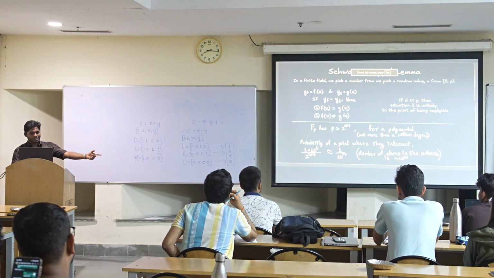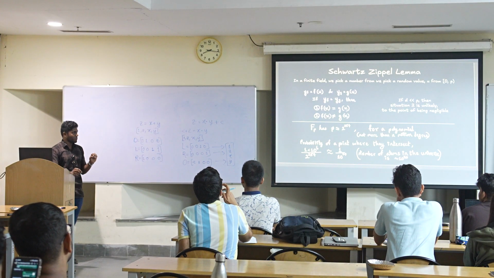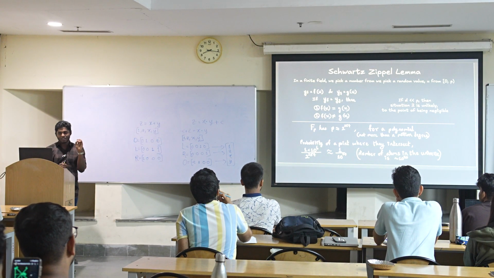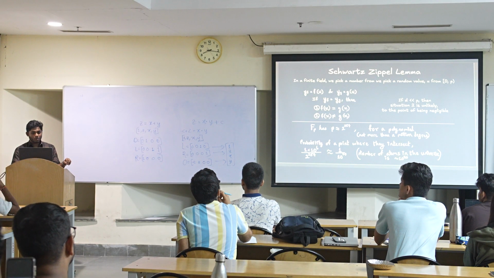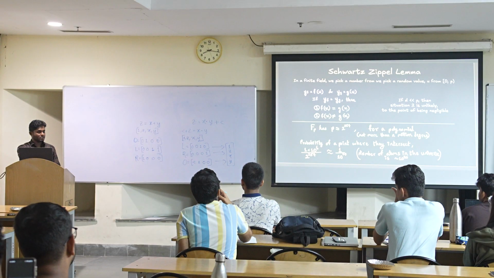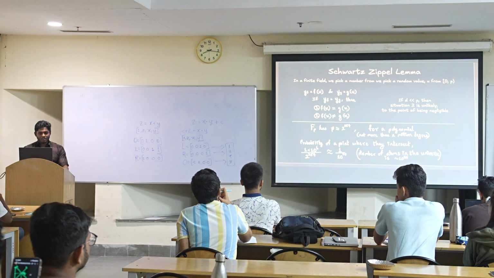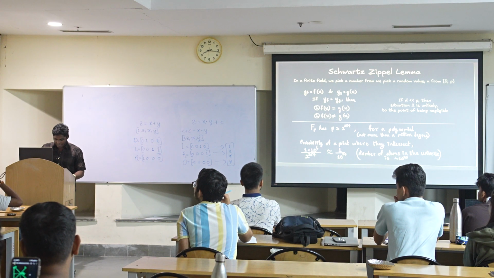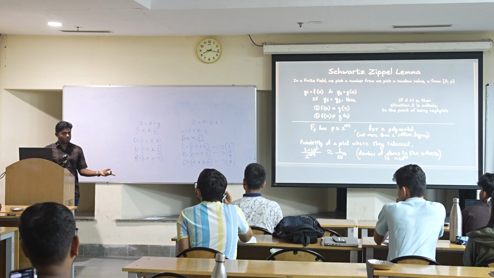We are calculating the probability of where they intersect. If we randomly choose a point in the finite field and two curves which are not the same intersect at that point, the probability of that is 1 by 10 raised to 70. So basically, in almost all cases the two curves will be the same.